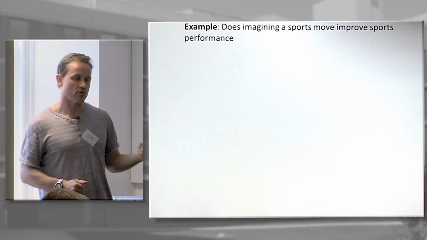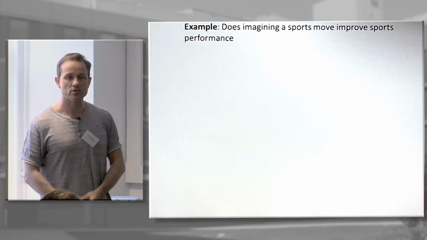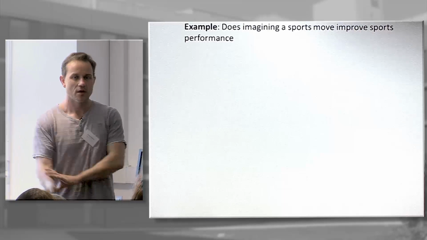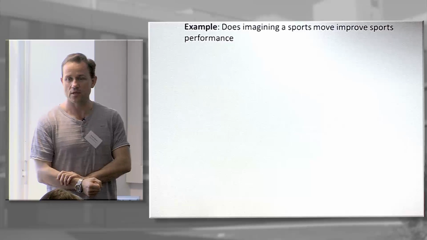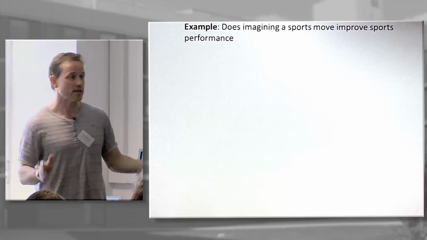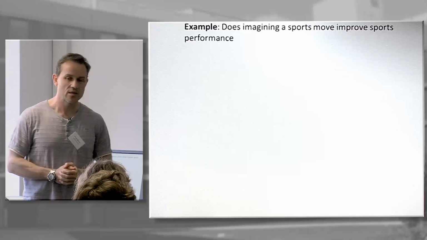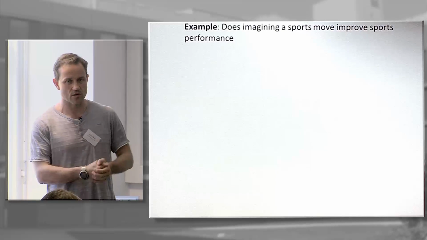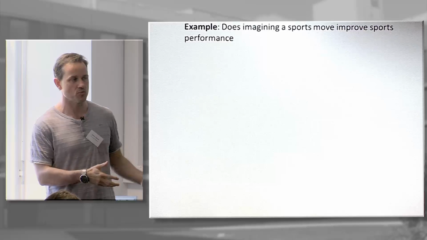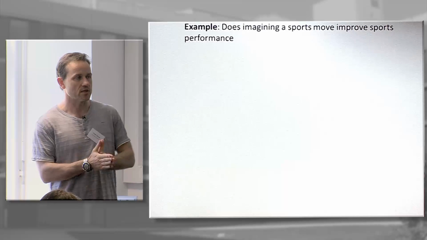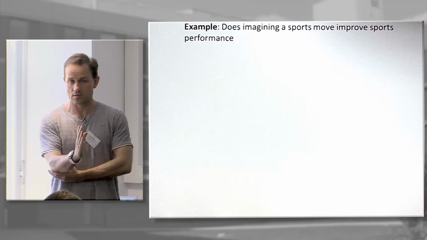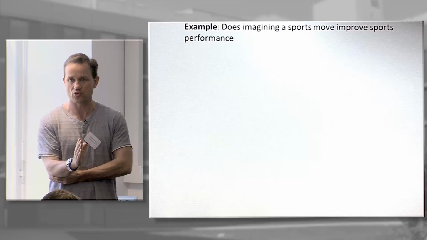Well, I think what I would do in this situation is I'd get people to actually swing a golf club for 10 minutes a day for a week and see how much that improves performance on my measure. Now, my guess is that actually swinging a golf club, actually doing a sports movement, would set an upper limit on the effect that imagination could produce.